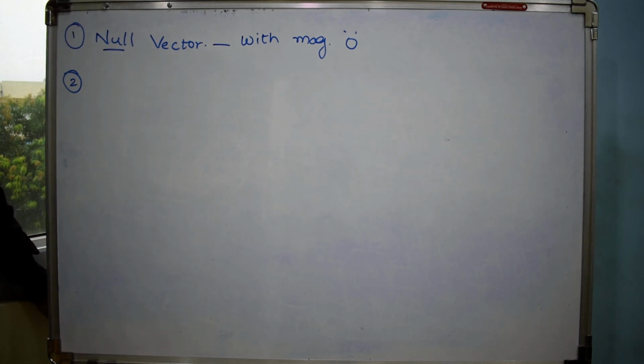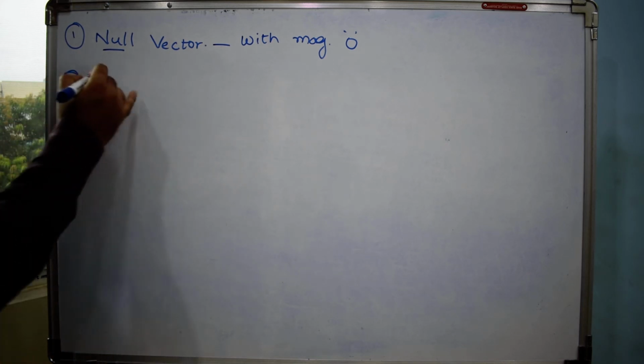And remember that if a null vector has magnitude 0, then the length of that vector, when you represent it in the form of an arrow, must be equal to 0. A length equal to 0 does not make any sense. So the null vectors do not have any particular direction or magnitude.